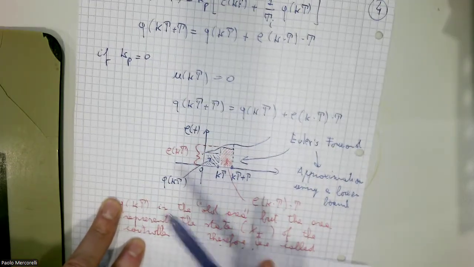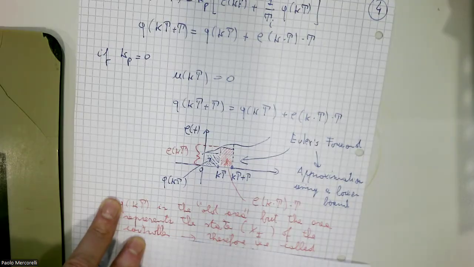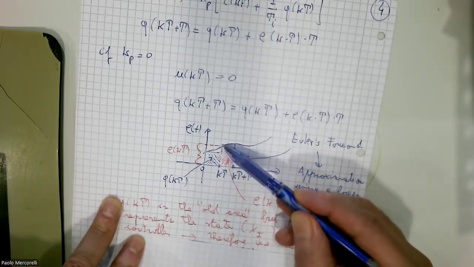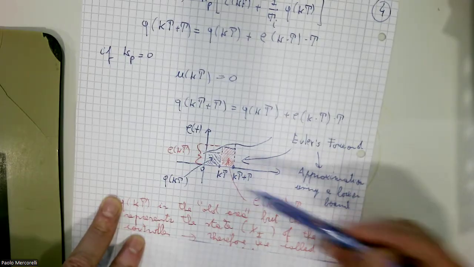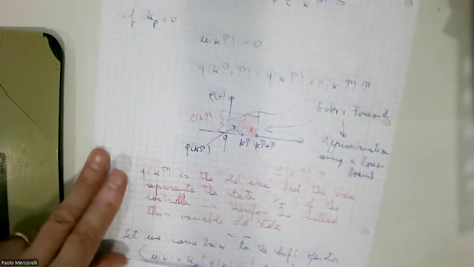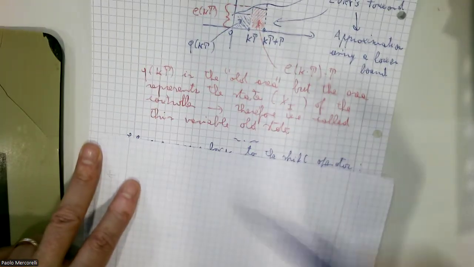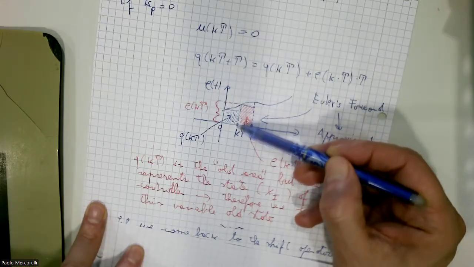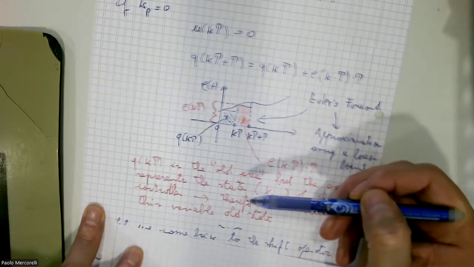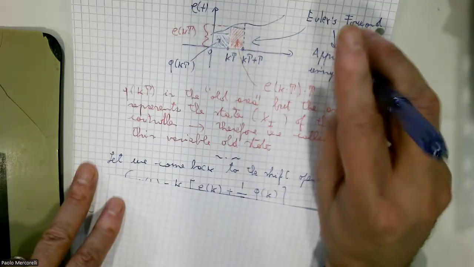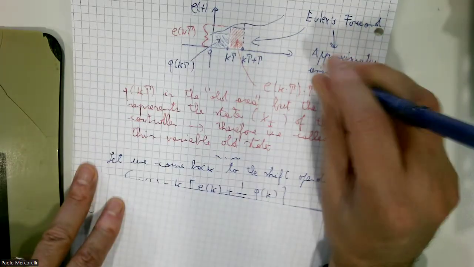It is very important to understand why I am considering k-1 and not k, because the surface can be calculated starting from here, because T is fixed. Again, Q of kT is the old area, because I am imagining to be here, just as in a photograph at this moment. Don't think about the dynamics. It's in the signal.